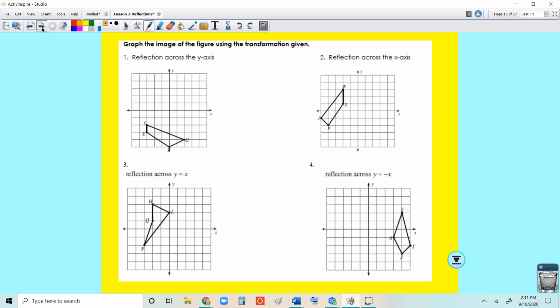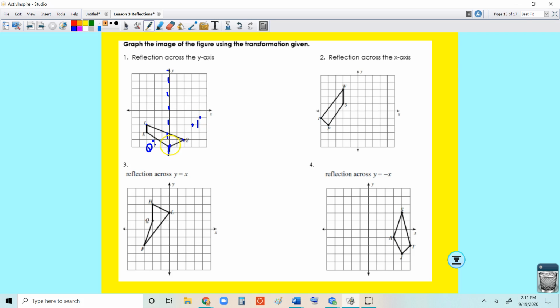And then here, they're asking, draw the figure if you reflect across the y-axis. So here's my y-axis. I'm going to look at each point Q and reflect it over. I'm going to take I, reflect it over, and label these Q prime, I prime. Right?